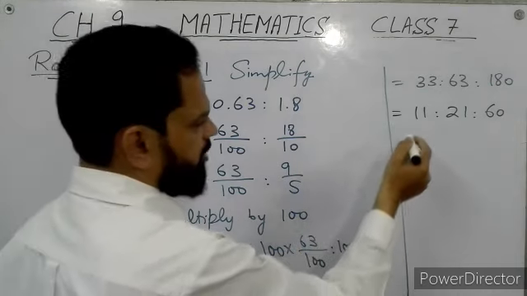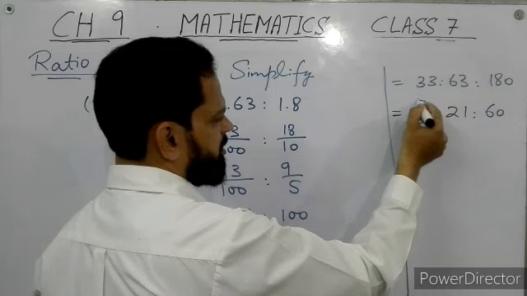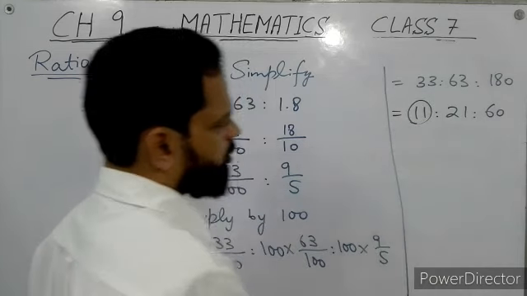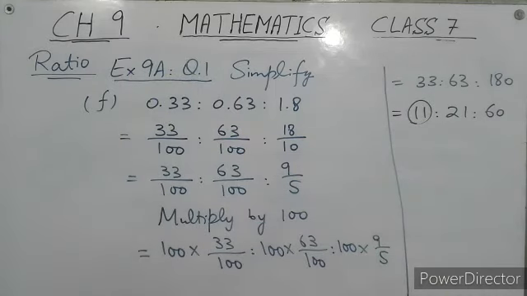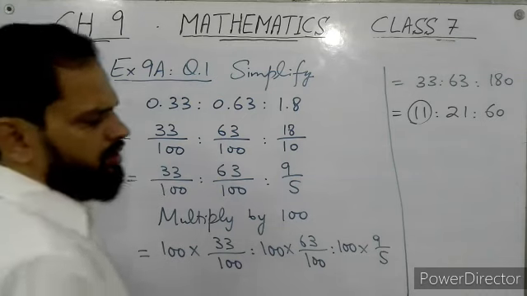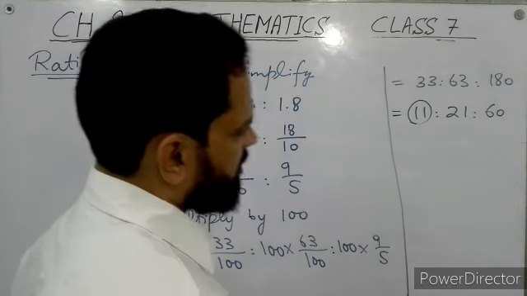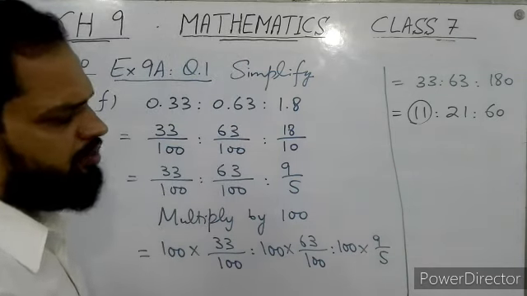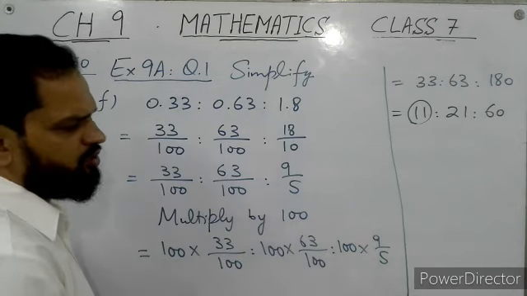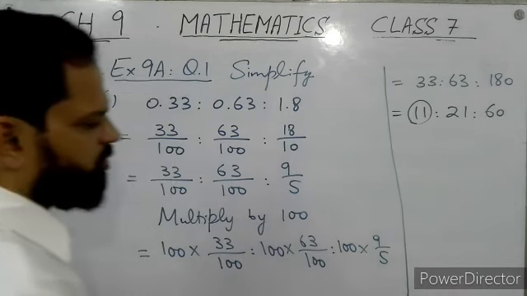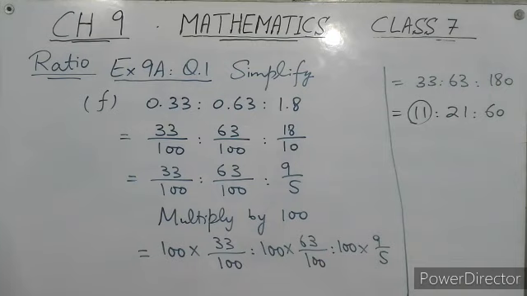You have to check the division by the prime numbers up to 11, because 11 is the smallest term of the ratio. All the terms are not divisible by 3, then by 5, then by 7, then by 11. So it is the simplest form of a ratio, as 11, 21 and 60 are integers and they have no common factor except 1.